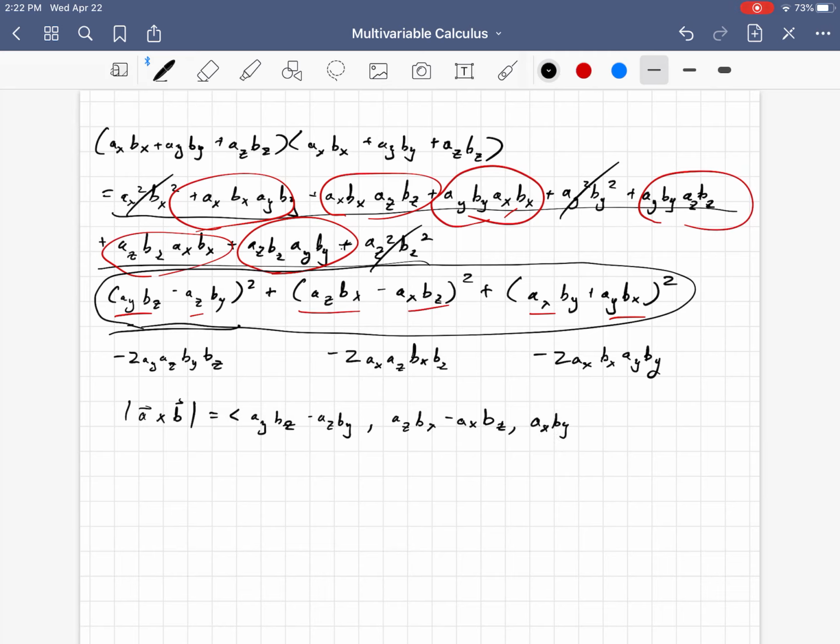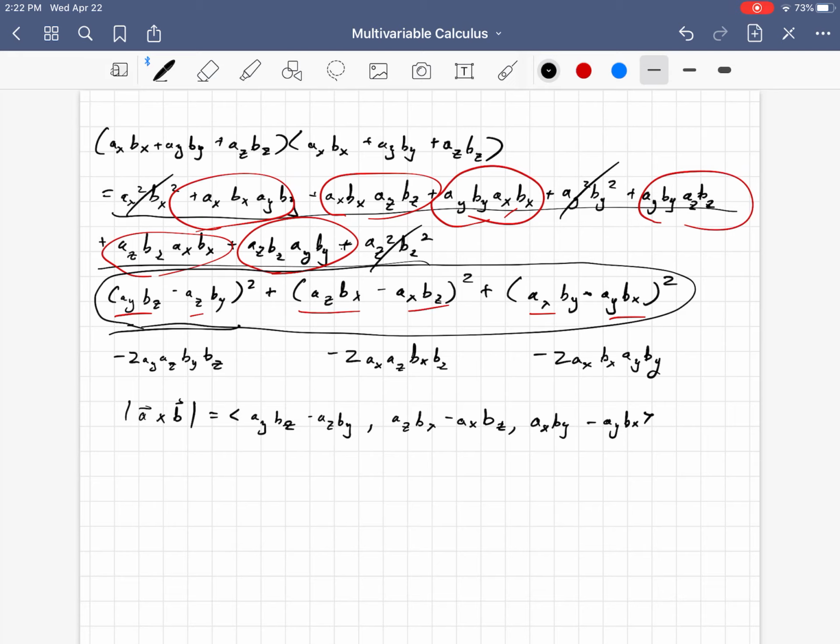It would be a sub y, b sub z minus a sub z, b sub y, comma, a sub z, b sub x minus a sub x, b sub z, comma, a sub x, b sub y, minus a sub y, b sub x. Sorry, this should have been a minus.